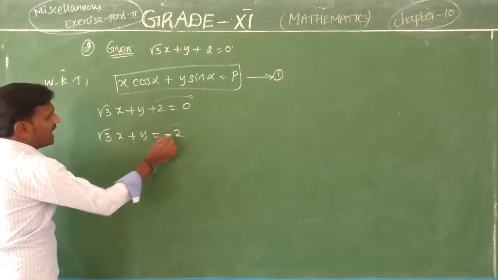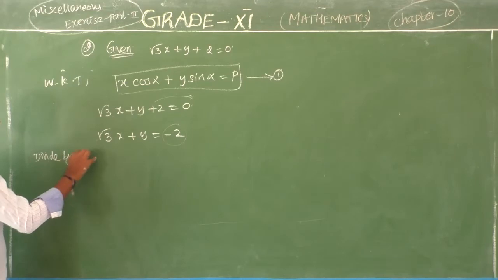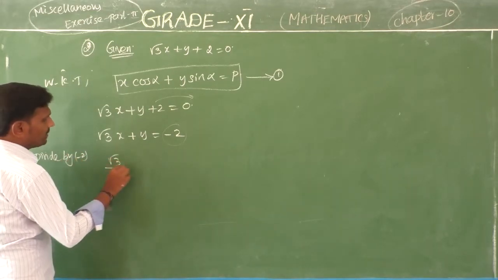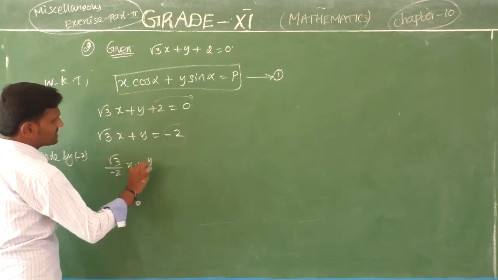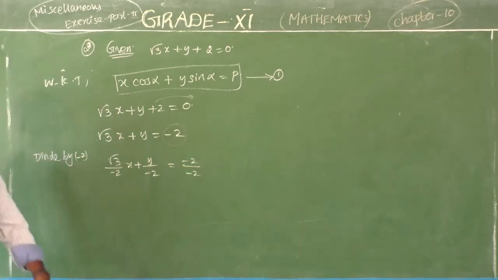That is why I am going to divide by minus 2 on both sides. So root 3 by minus 2 x plus y by minus 2 equals minus 2 by minus 2.